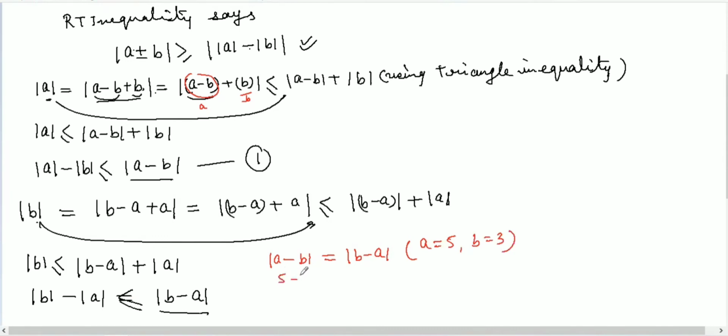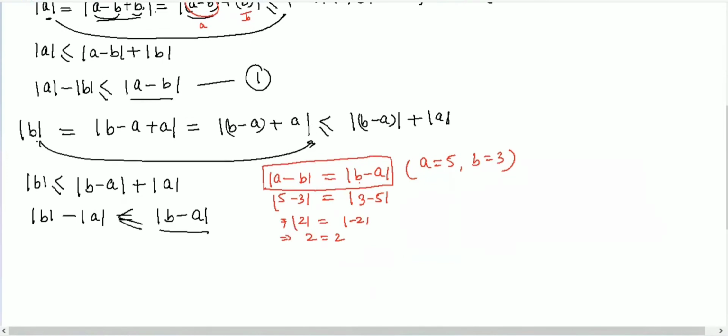We have 5 minus 3 in absolute value, and here absolute value of 3 minus 5. So here absolute value of 2, and 3 minus 5 is minus 2. If you take it out of the absolute value, it will be 2 equal to 2. So you can say that absolute value of A minus B is equal to absolute value of B minus A.